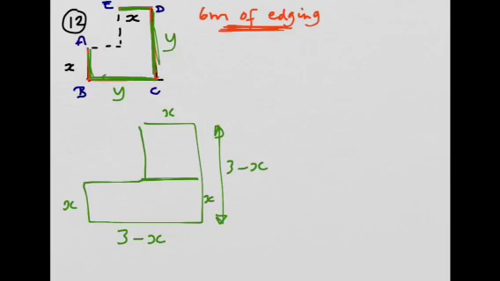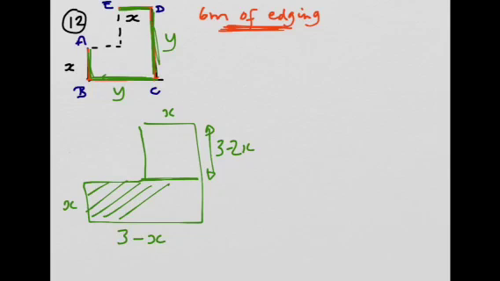Because we know this little distance here is x, it's got to match the x on this side obviously, then this part of the distance here is going to be this value, take away that value. So this part here is going to be 3 minus 2x. So let me tidy that up. And we know that this little bit here is now 3 minus 2x.